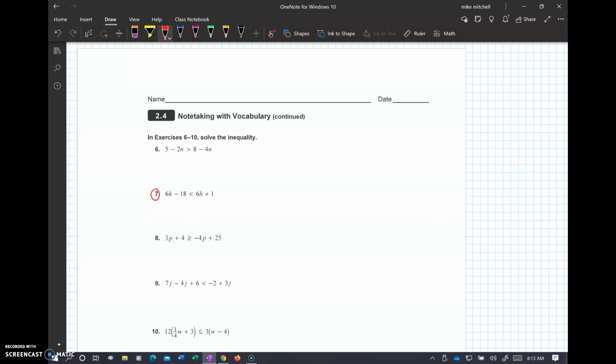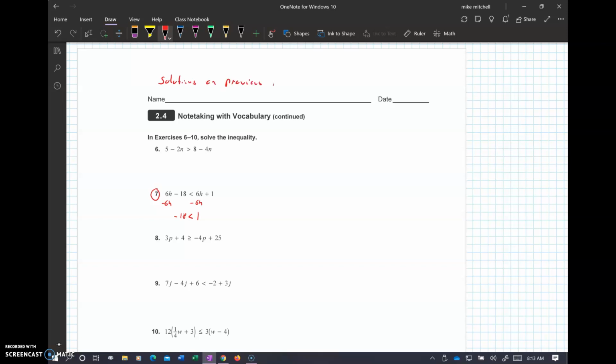They involve some steps. Remember, I always deal with the h's first. So on this one, number 7, -6h, -6h. Okay, I get -18 is less than 1. That's telling me, oh, and I should have noted here, solutions on previous page.